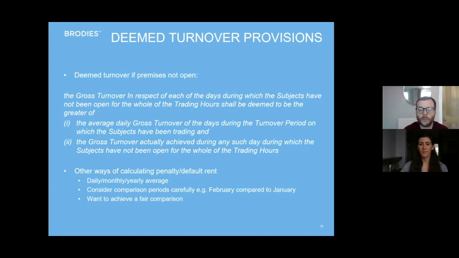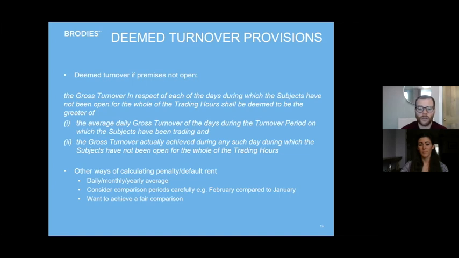So this is just to protect the landlord, to ensure that if the shop's not open, there is a deemed turnover coming in, and this is how you calculate it. Now, what we need to be careful of is how you do the comparison. So here I've got a daily average across the whole year. That could be a month-on-month comparison, or it could be a yearly comparison.